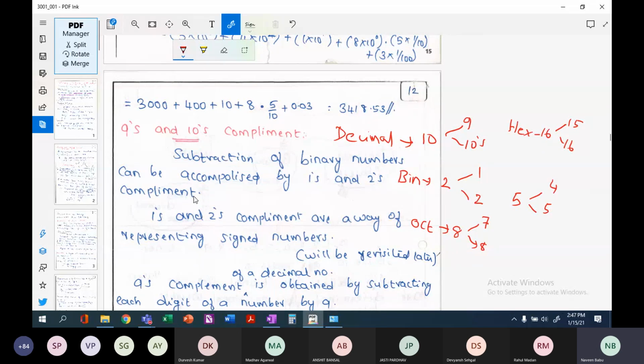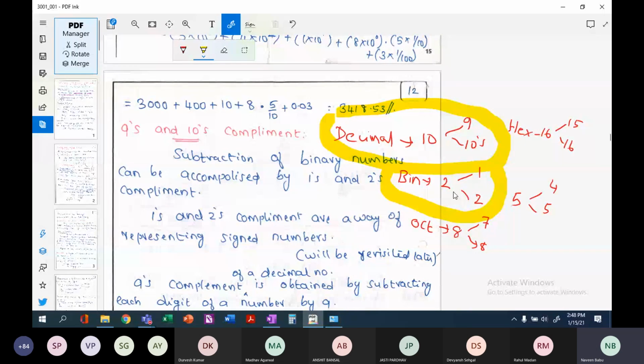Now, what is important to us? The decimal number system is important to us because this is what we understand. And the binary number complement system is important to us because this is what the computer understands. So we have to study what we understand and what the computer understands.